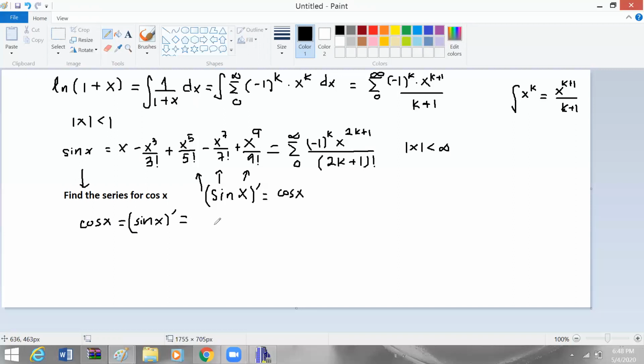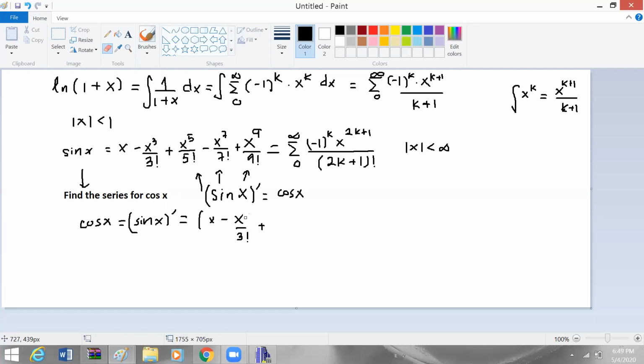So meaning that we're going to differentiate x minus x to the third over 3 factorial. I mean, this is one way to get it, but if on a final exam the questions ask us to find the cosine of x, we literally need to use the same method.